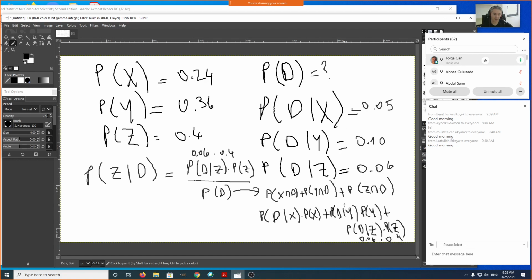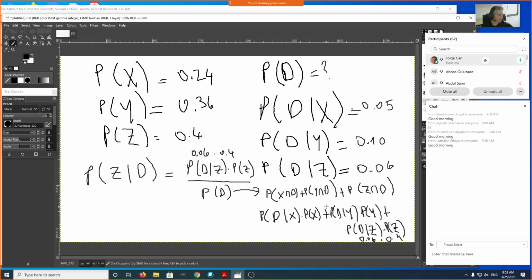And D given Y here 0.10, P of Y 0.36, D given X 0.05, P of X 0.24. You add these up and you divide this by this summation, and you're going to get the result.